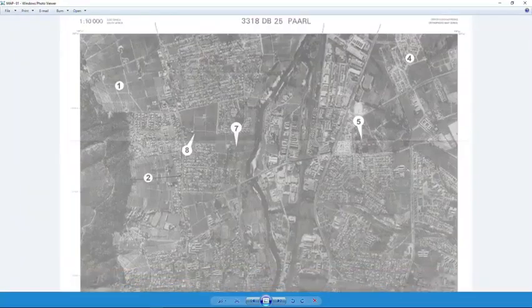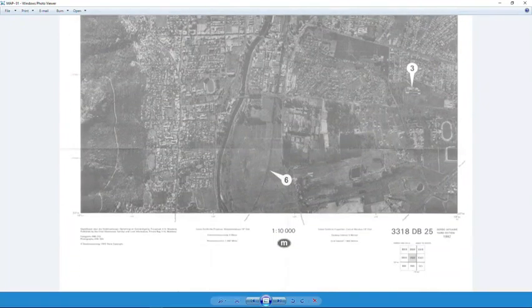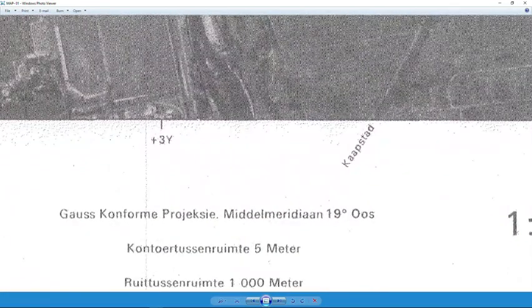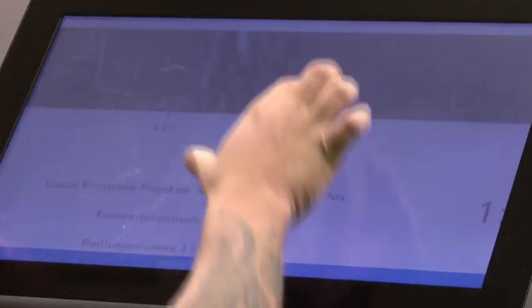So it consists of a little bit more detail, and on the bottom of the map you can see the contour interval is 5 meters.